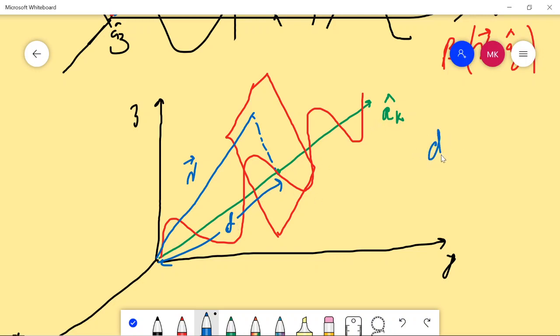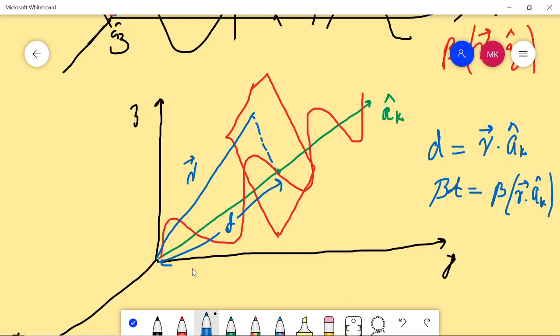So the distance D is the same as the projection of R over AK. Let's take the dot product, which will give you this distance, and the total phase will be just given by beta into D, which equals beta times R dot AK.